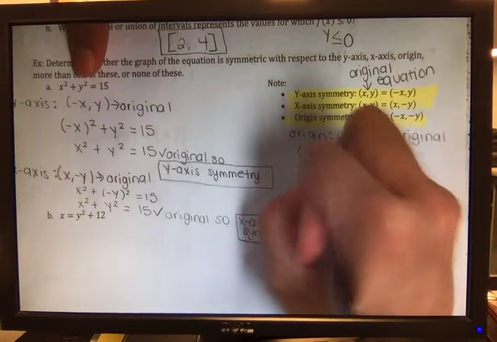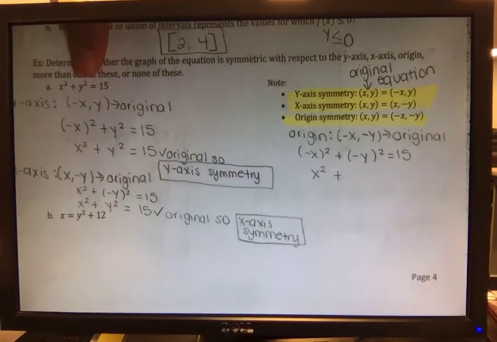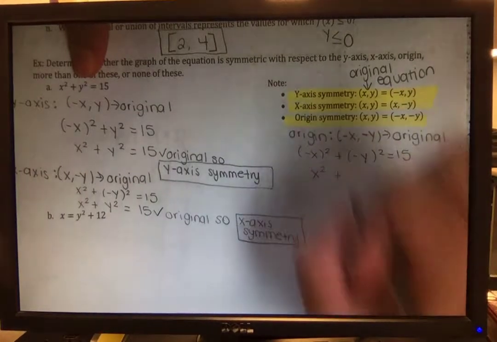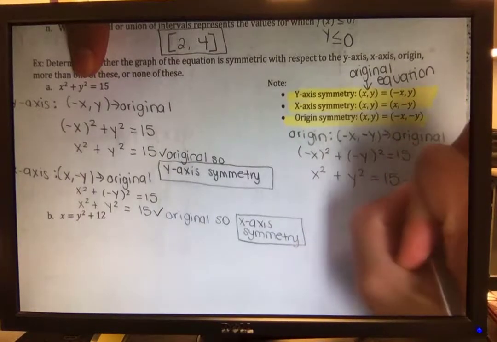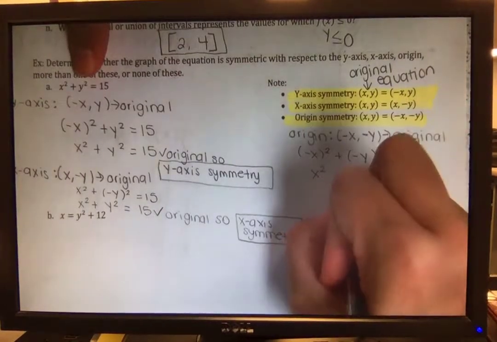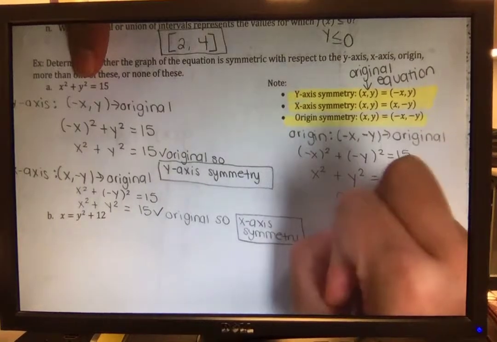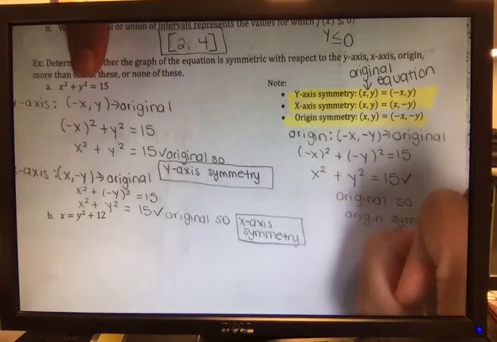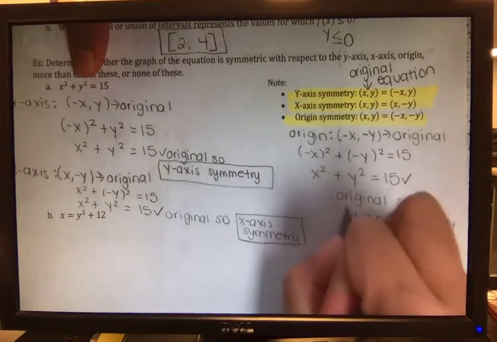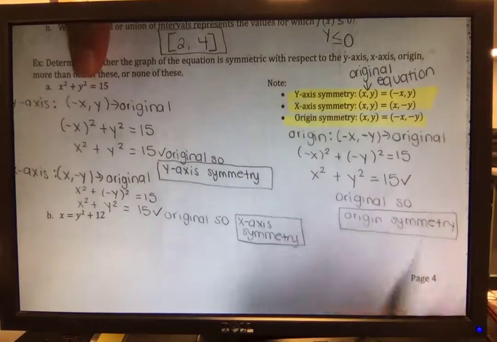Negative x times negative x is positive x squared, plus negative y times negative y is positive y squared equals 15. That indeed gives us the original x squared plus y squared equals 15, so it also has origin symmetry. So this example had y-axis symmetry, x-axis symmetry, and origin symmetry.